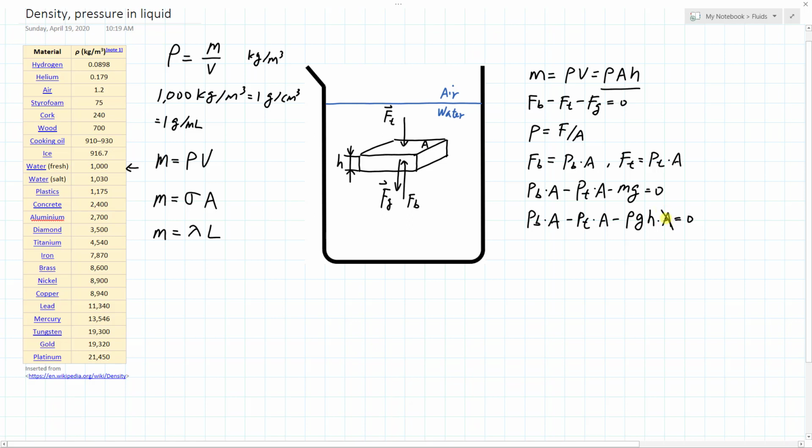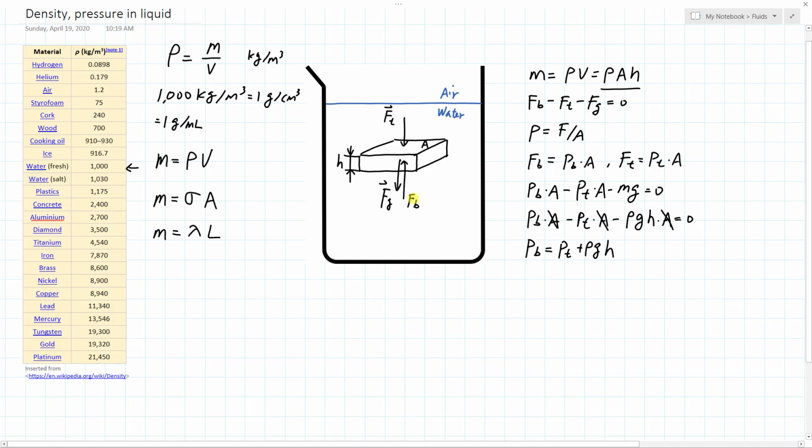So since area is a common factor, we can divide it out. So pressure at the bottom is equal to pressure at the top of that imaginary surface plus rho g h. So this gives you a relationship between the pressure at a certain depth and the pressure at another depth.